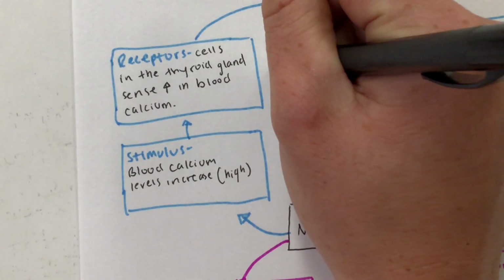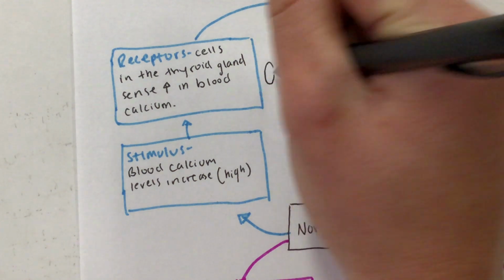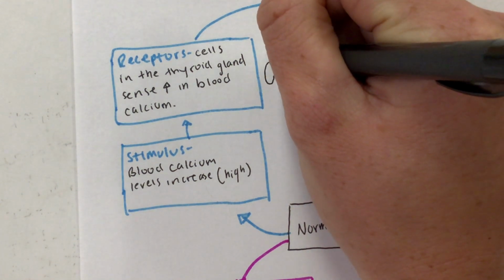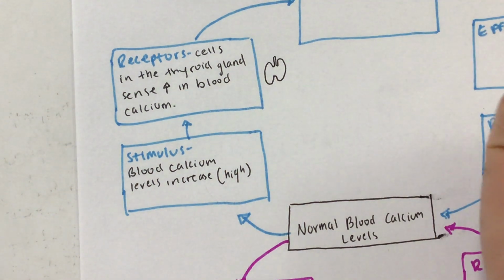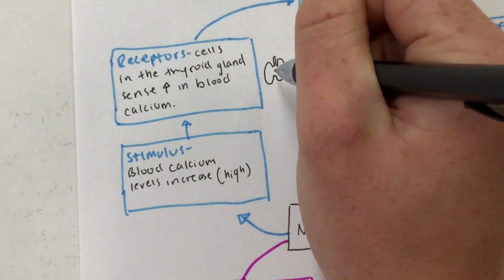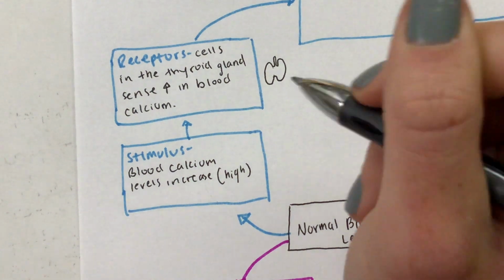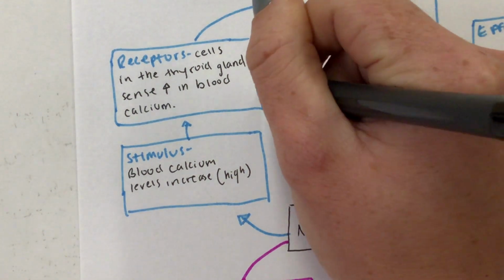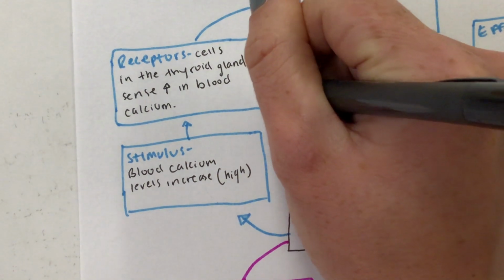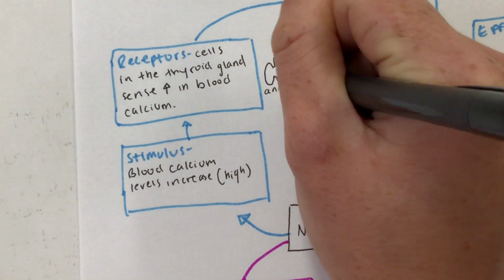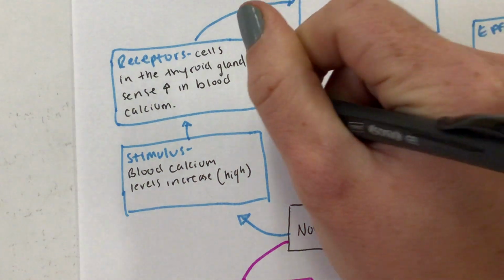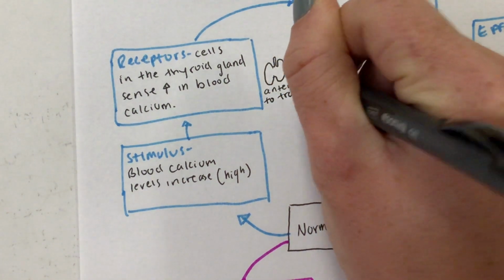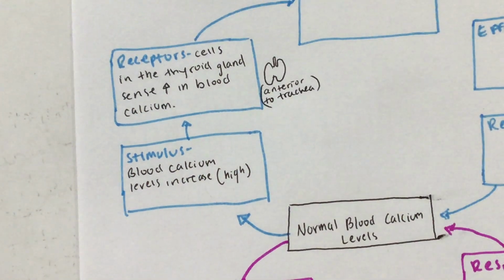It looks something like this, just hanging off of your trachea, your voice box. It's like a butterfly shape, or it kind of looks like a pumpkin, maybe. But there it is. So it hangs off of the trachea. So I'm just going to write that anterior on the front side of the trachea. I probably could have fit that in the box, but oh well.